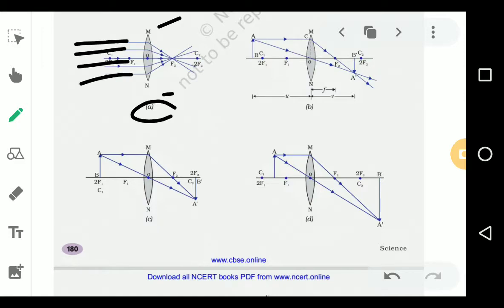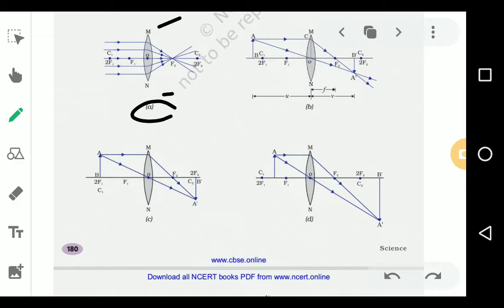This is the position of the object when the object is taken at infinite distance. Infinite distance means it is not within the curvature of the lens, it is somewhere beyond this. So when the parallel rays are coming from an infinite distance, from the infinite object, all of them will pass through the lens.